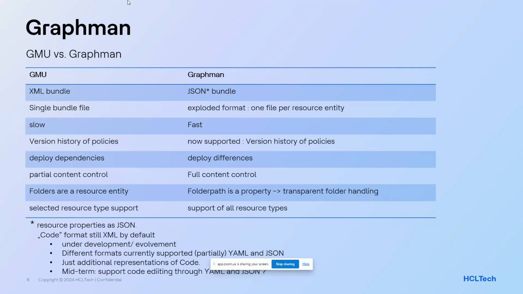I'm not sure in GMU. My understanding in GMU, we were mostly working with services, policies, and folders. So you have a kind of selected or restricted resource type support.